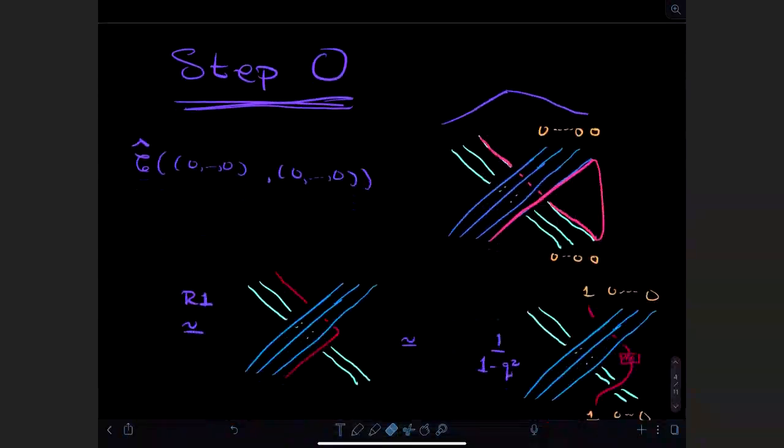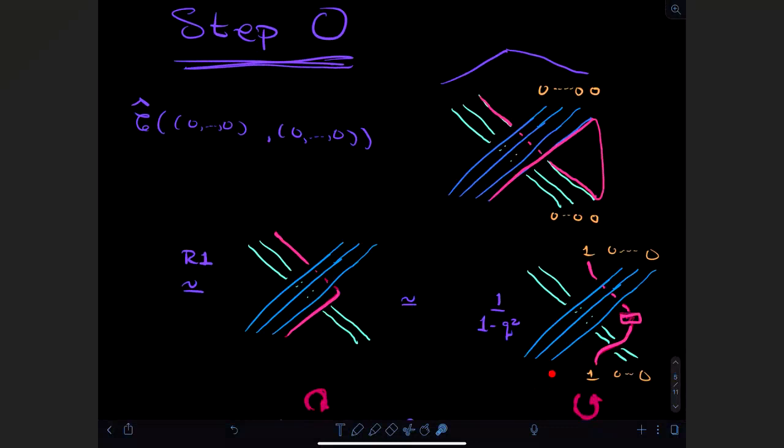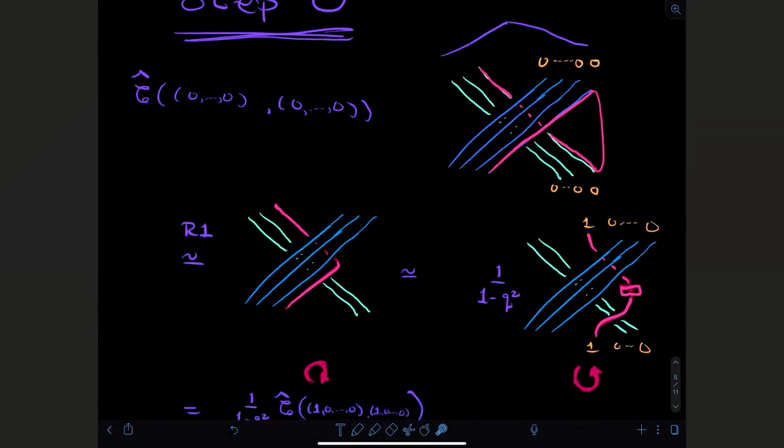So I simplify using the Reidemeister 1 invariance, which if you remember involves no additional shift. And the result is this complex. Then I introduce a symmetrizer here, and the result is this expression. So it's a big infinite direct sum of copies of this diagram with some additional differential. And so the net result is the following simplification.